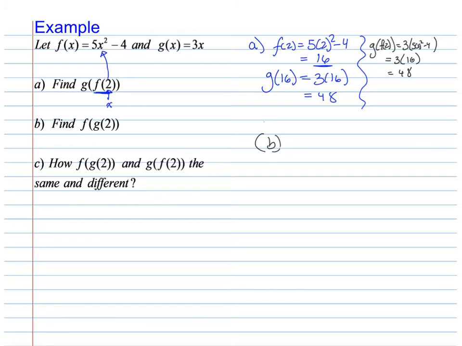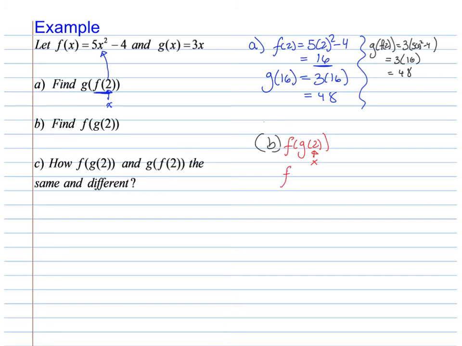For B, we have f of g of 2, which is saying wherever I see an x in my g function, that's going to be 2. Our g function is 3x, so 3 times 2 is 6.